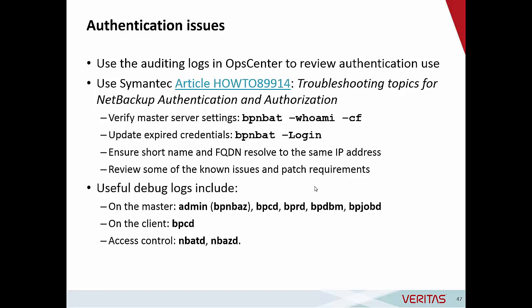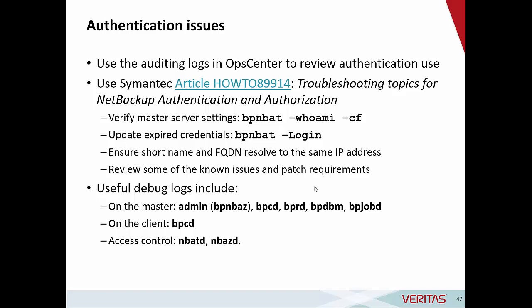You see some examples on the slide here of using bpnbat -whoami to verify that you're logged in as the user that you think you are, and also an example of updating expired credentials. Because if you just leave a terminal window open for a long time when you're using NBAC, the credential will eventually expire and it will force you to log in again.